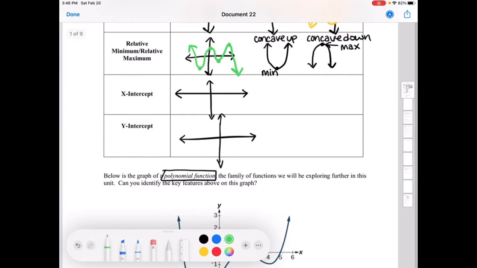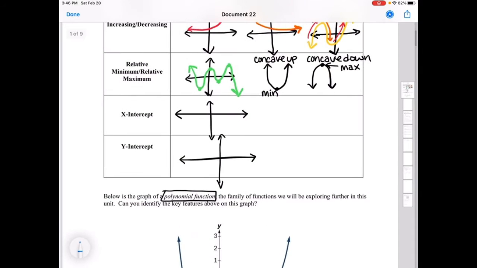X and Y intercepts, we're used to dealing with these. This is when y is equal to 0. They're also called zeros or roots. This is where the line crosses the x-axis.